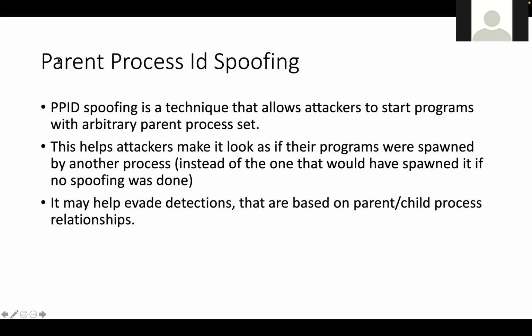This is a common way attackers and malware fool EDRs, because EDRs often look to make sure that, let's say, Notepad doesn't spawn another process that is doing some system scan or some other odd thing, since certain programs shouldn't be a parent to another process.